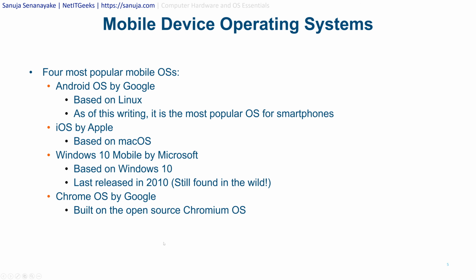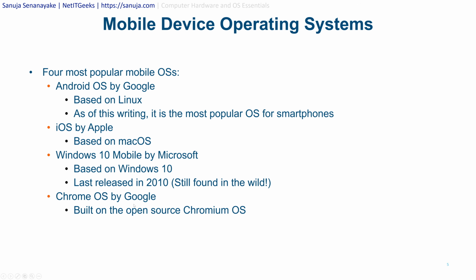Chrome operating system by Google is basically a type of operating system that is very similar to Android OS, and it is built on the open source Chromium OS project, which is also the foundation for your Google Chrome web browser.